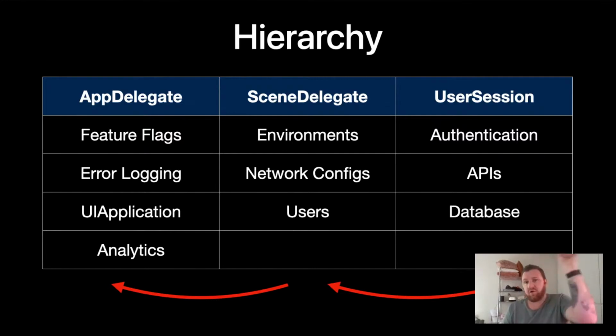If it doesn't have it, it will go up to the app delegate. It means then that you can override ones from the higher level with specialized versions. But it means that you can have multiple scenes working independently. So if you've got a multi-window application for macOS, and you want one window to be pointing to production, but you also want your developers to be able to have a second window or a third window that have different users logged in or different environments set up, those sorts of things.